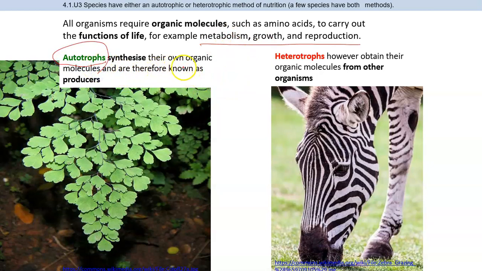They are synthesizing their own organic molecules and are therefore known as producers. But other organisms need to have these organic molecules because of the functions of life, and we call them heterotrophs. Heterotroph means they are obtaining their organic molecules from other organisms.